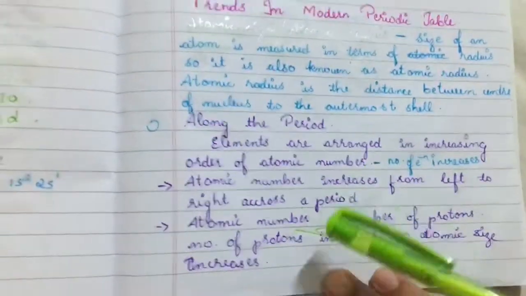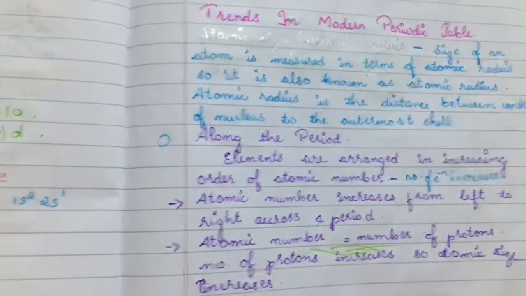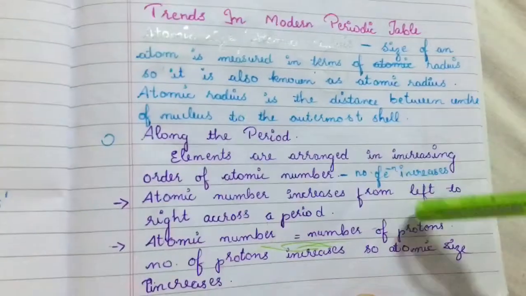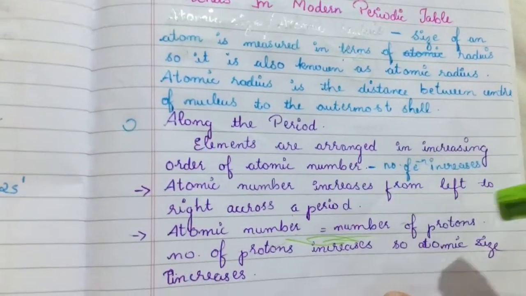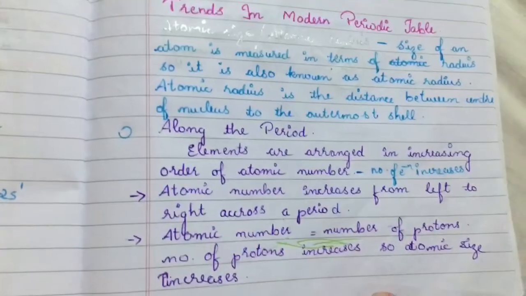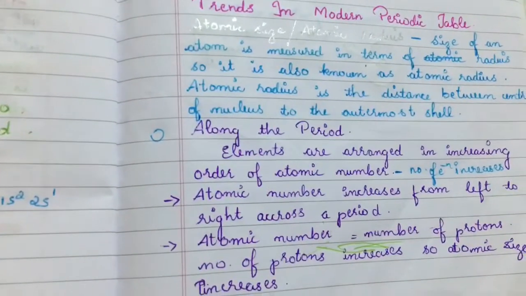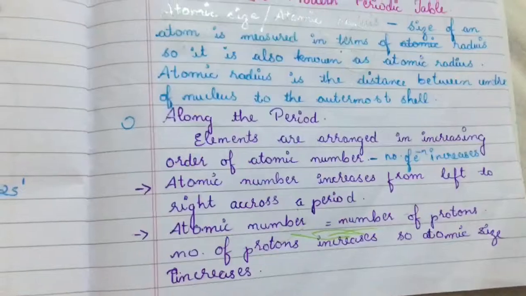If the atomic number increases, definitely the number of protons increases. So the number of protons increases, so the atomic size also increases. As we move from left to right across the period, there will be an increase in the atomic size.